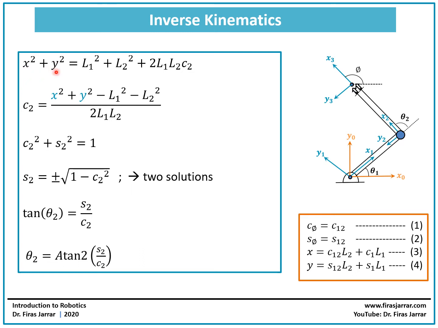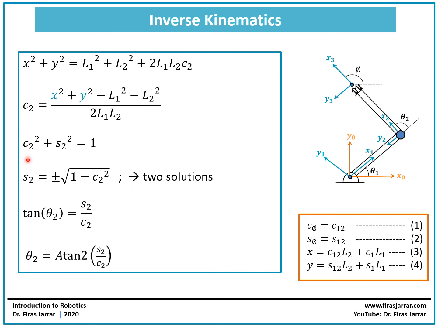So these are known values. L1 is known. It's a geometrical property of the length of the robotic arm. L2 is also known. So the only unknown here is cosine of theta 2. So I would rewrite the equation such that cosine of theta 2 is on the left side, and everything else on the right side of the equation is known. So we know now cosine theta 2.